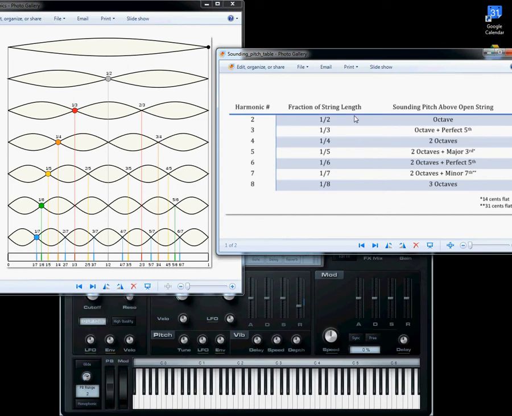Now, if we were to extend outward off of a dominant chord, let's just say C dominant, okay? If we want to play a 9th, we add that, okay? 11th, 13th, okay?